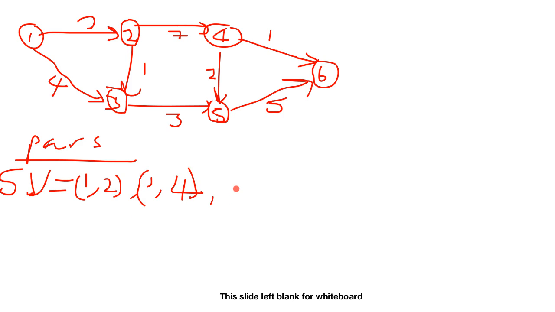The next selected vertices is 2, 3. The next selected vertices that we are supposed to have is 2, 4.